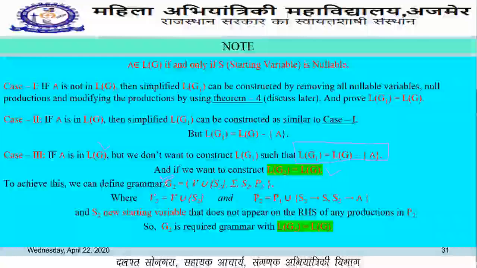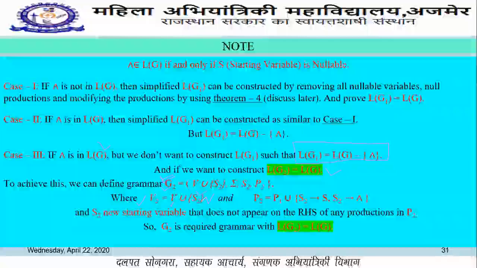So for a grammar G2 that is equivalent to L of G, with the null string in the grammar or language, here we define L of G2. We modify the set of variables V2 of G2 as V union S2. The simple meaning is that we include one new starting variable, that is S2.